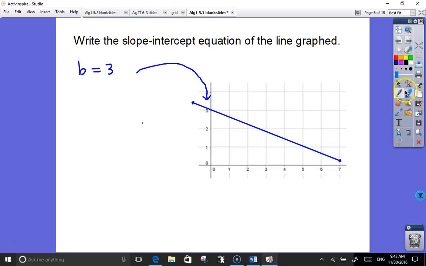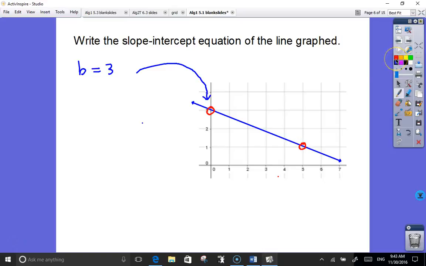So at that point, you want to look for two places where the graph crosses. You've got the y-intercept, so definitely we'll start with that. Now look for another place where the line crosses the intersection of grid lines. If I go over 1 to the right, that's not good because it's in between grid lines. 2, 3, 4. Looks like it's right here. There's a place where it crosses the intersection of grid lines. So now we can do our slope.